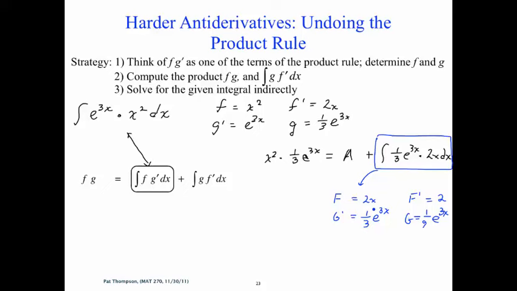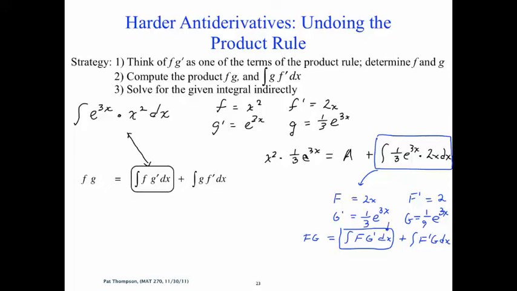Okay, so now I'm doing this subproblem here. What is it? It's going to be capital F times g equals the integral of capital F g prime plus f prime g dx. This is what we're working on right there. That is this here.